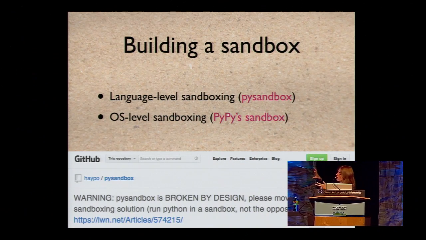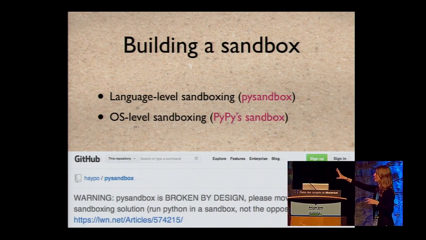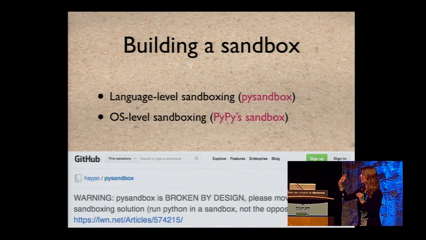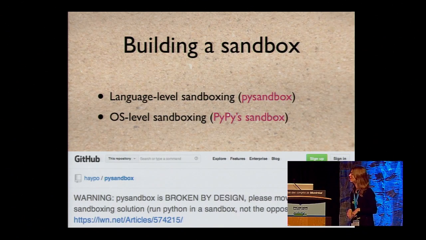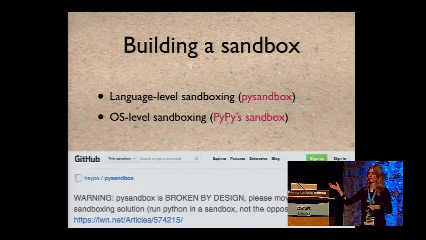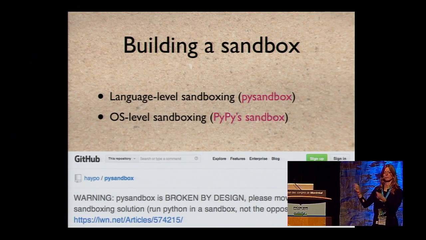And actually, the code that we've written, which is based on PySandbox, if we look at the GitHub page for PySandbox, there's even a nice strong warning at the bottom by the author, who wrote a really thoughtful retrospective on what he discovered while building up PySandbox over the years, which discusses a lot of the concerns that we've talked about.